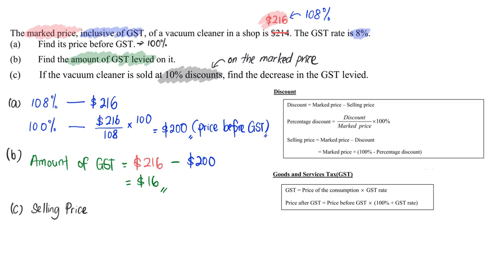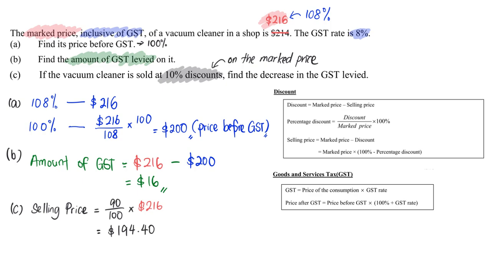And the selling price, if I have 10% discount, means that the selling price will be 90% of the mark price, $216. And this will give me a value of $194.40.